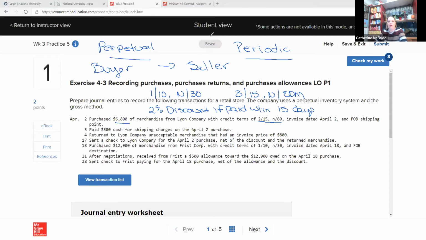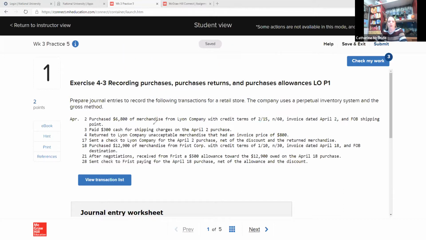So I'm going to clear this and we're going to talk. All right. So we purchased $6,800 worth of merchandise from Lion Company with credit terms 2/15 net 60, which don't matter when we purchase them.